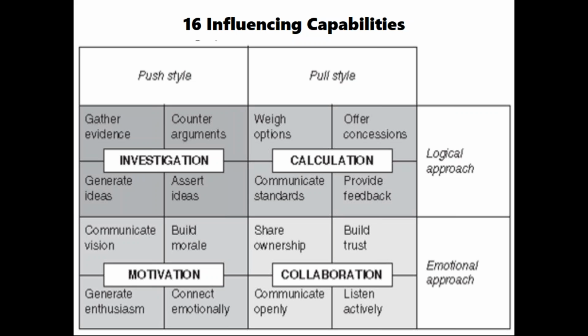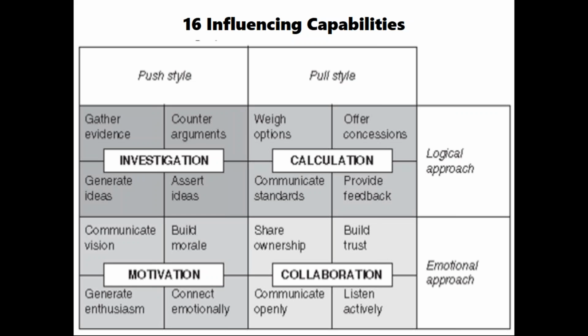So again, when you do the diagnostic, what happens is that you get the 4 underpinning capabilities. So for example, in investigation, you've got gathering evidence, counter arguments, generate ideas, and assert ideas. So the scores in those 4 add up to give you a total score for investigation.